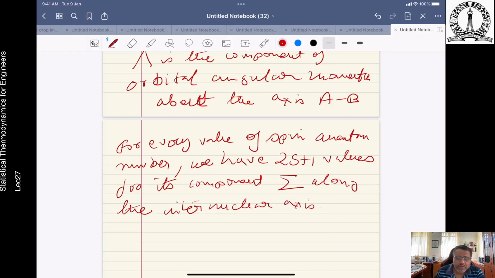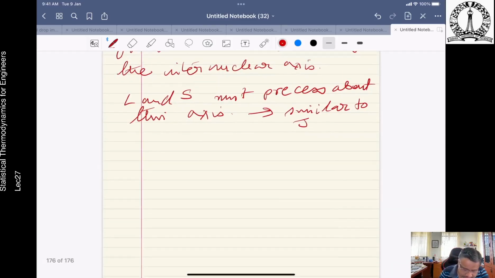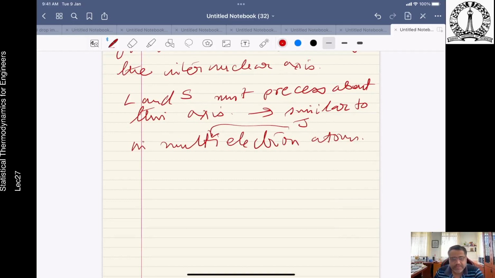So we recognize that L and S must precess about this axis, similar to J in multi-electron atoms. They precess about the internuclear axis.